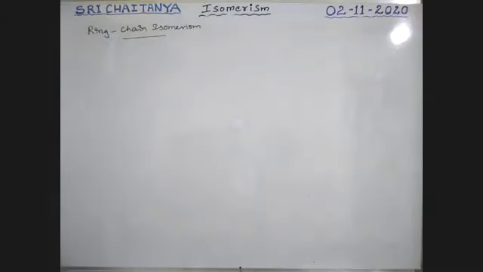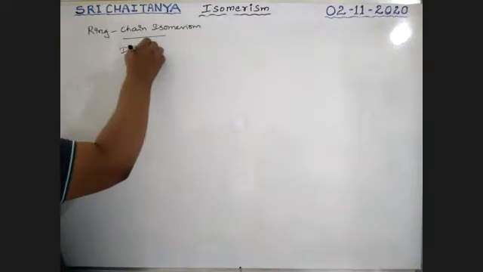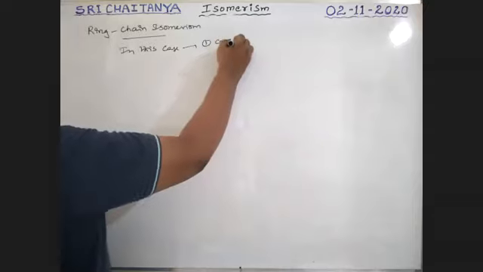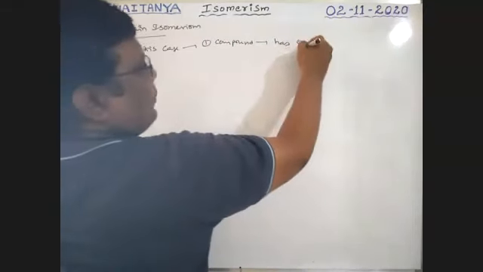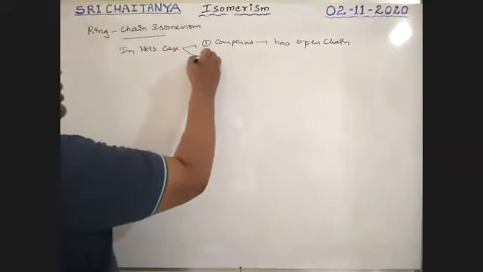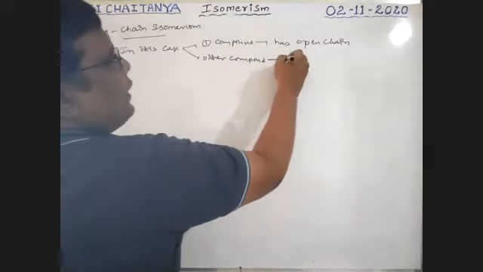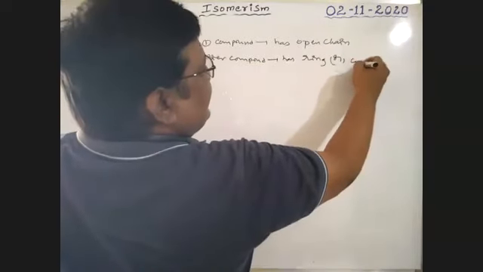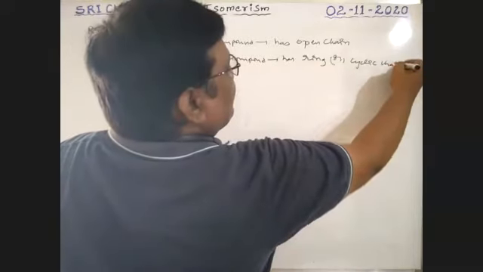Ring chain isomerism. See, boys, in this case, one compound has an open chain structure and the other compound has a ring or cyclic structure.